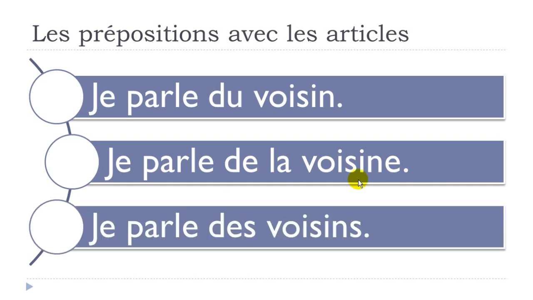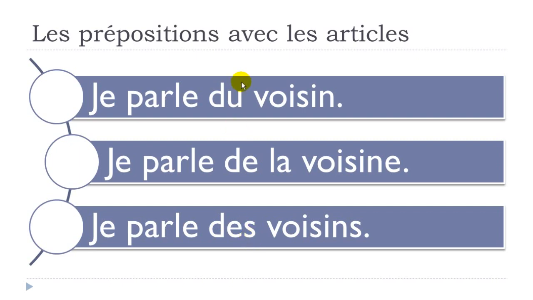And then for the plural, as we had for à, remember, for the masculine singular and the plural, changes will happen. So, je parle des voisins. Here we've got the plural form of voisins, so neighbors. Je parle des voisins.